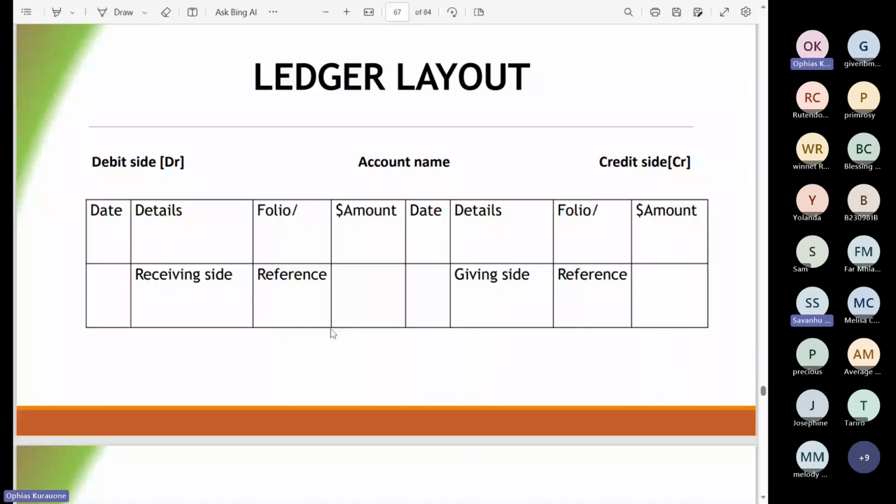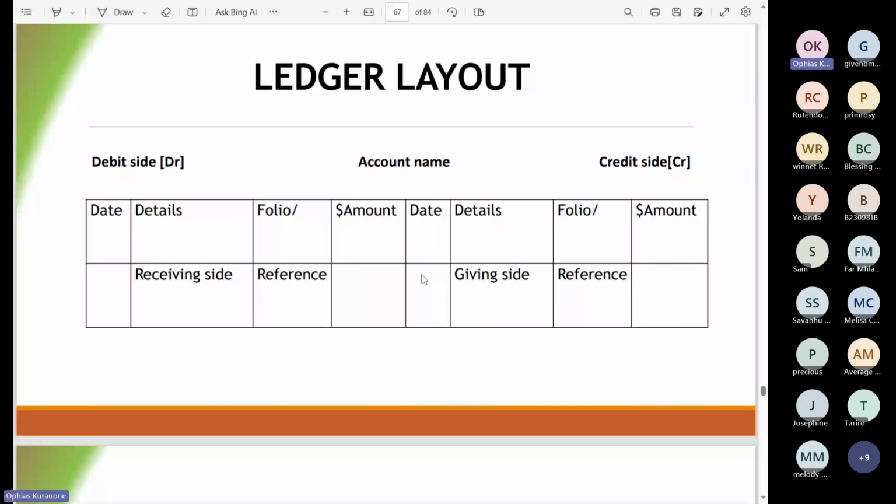When you are recording, let's say Mr. Mkumamombe is the entity here, you should have the date for every transaction, then the details, then the folio, then the amount on the debit side, and it's also supposed to correspond on the credit side.